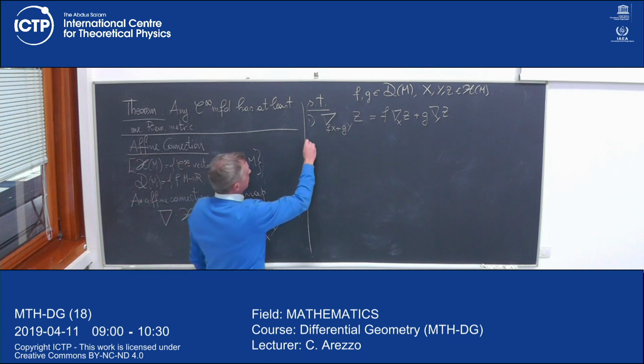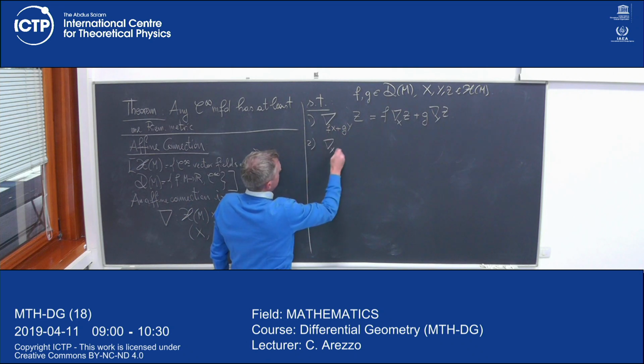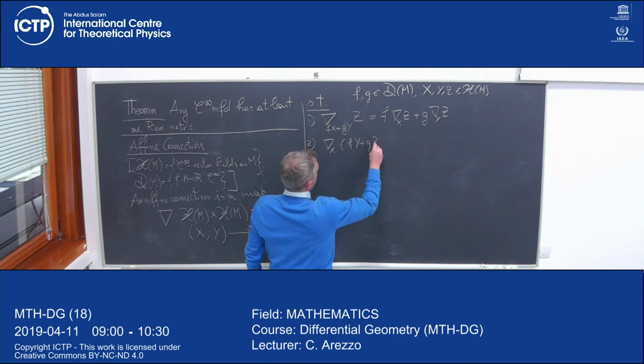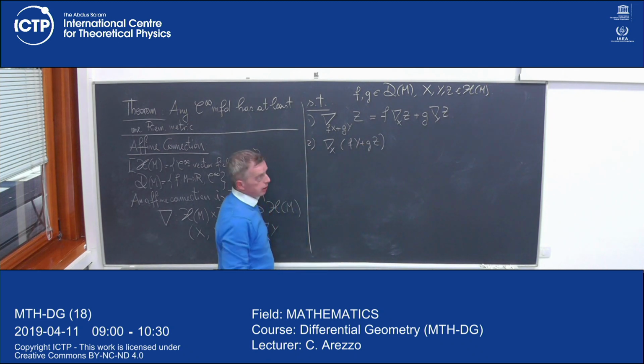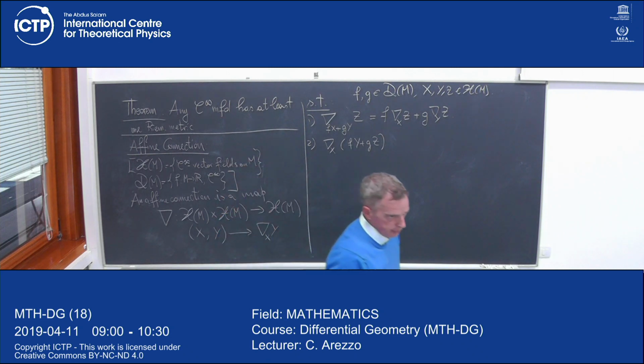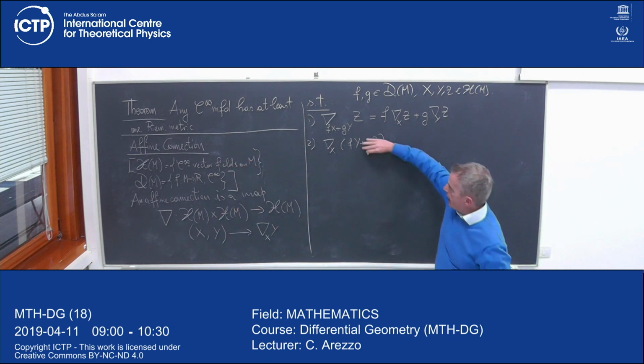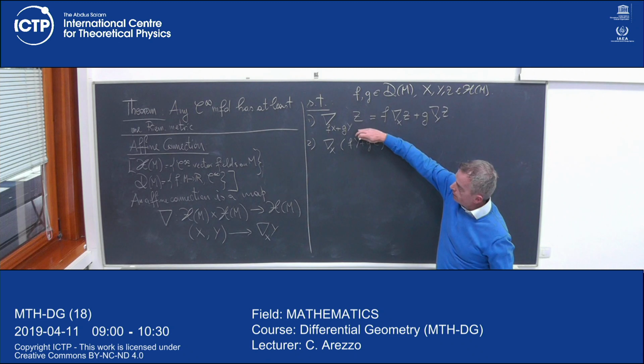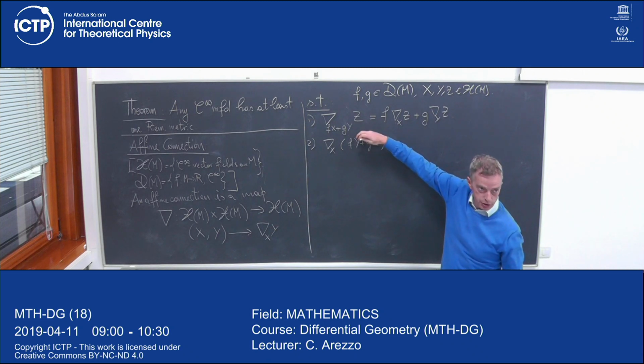What about the second variable? Now you would like to say, what happens if you take the derivative not of a given vector field, but of something multiplied by a function?